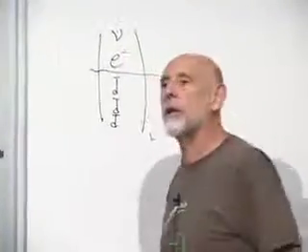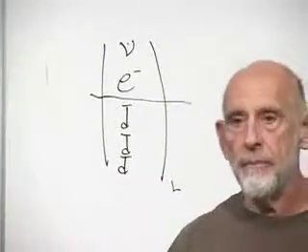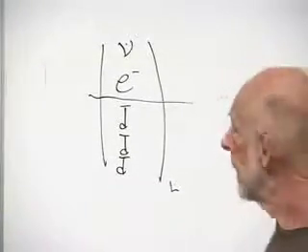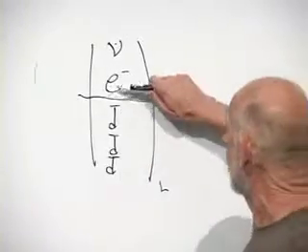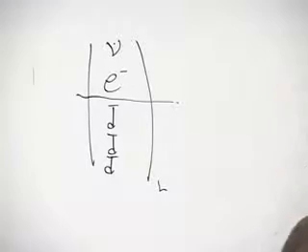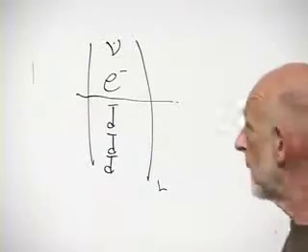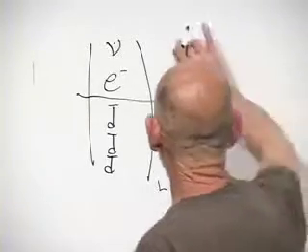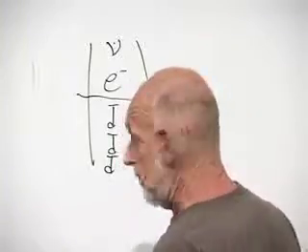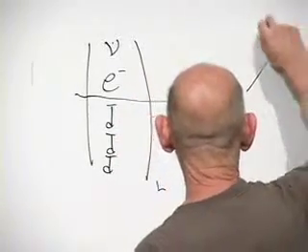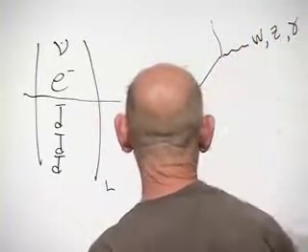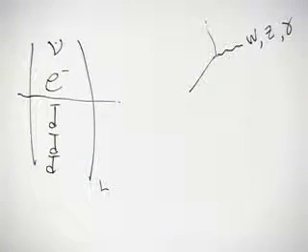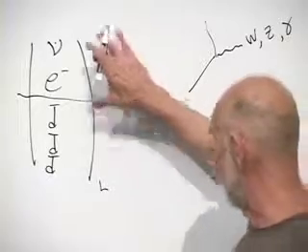An electron can become an electron if it emits a neutral gauge boson. A neutrino can become a neutrino if it emits a neutral gauge boson. And an electron can become a neutrino if it emits a W minus. So in here, we have the weak interactions, the emission and absorption of W, Z, and also photons. The electroweak theory.